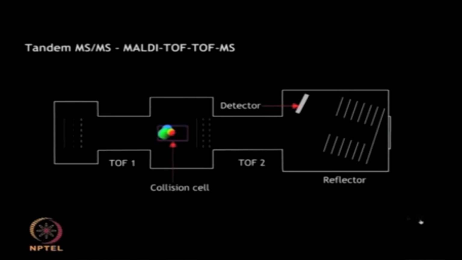The selected ions enter the collision cell, where they are further fragmented. The fragmented ions are accelerated and further resolved on the basis of their m by z values in the second time of flight tube, after which they can be detected.